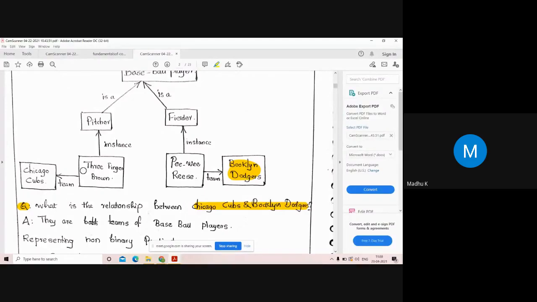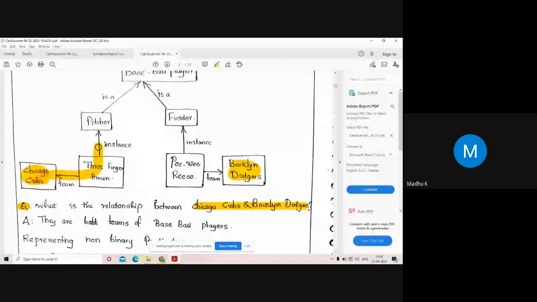Chicago Cubs is here. Now we want to find the relationship between those two. We will activate in this way. It is a very simple concept.